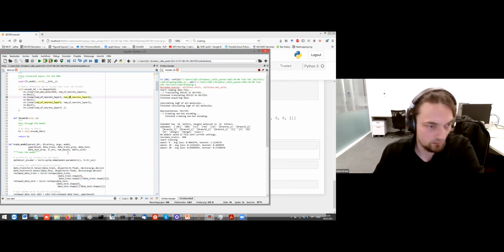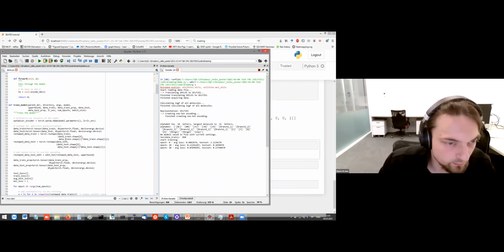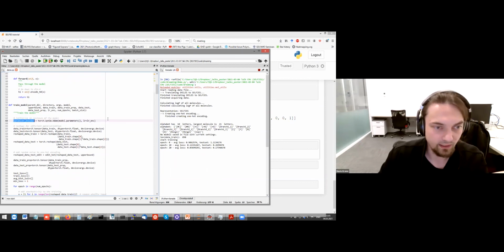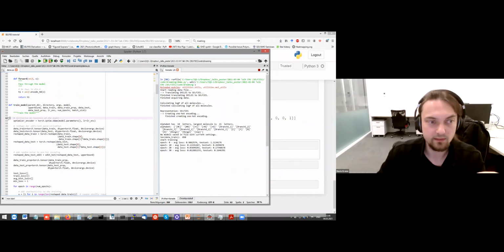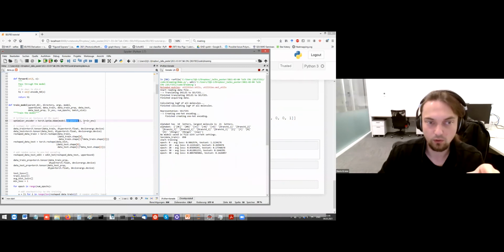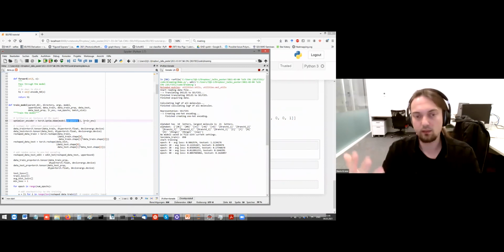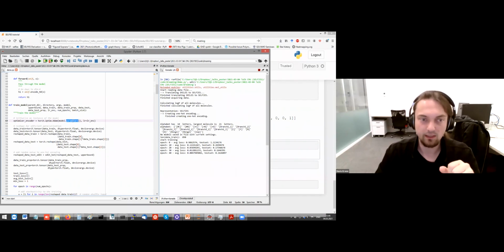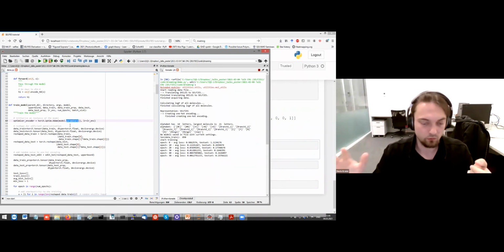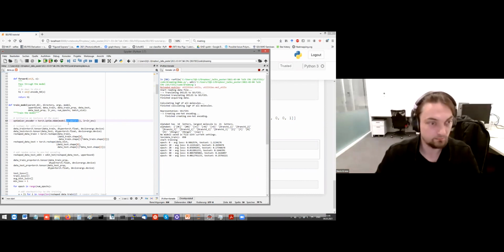Now let me show you the most important line. This line tells you what the optimizer will act on. Here, the optimizer will act on the model parameters. So this is the standard way you train a neural network: you adapt the model parameters to minimize the loss.